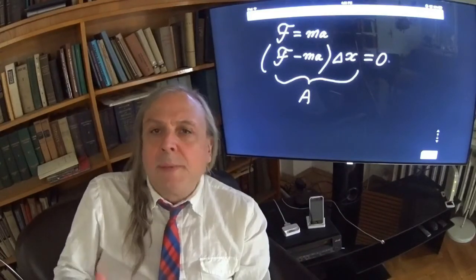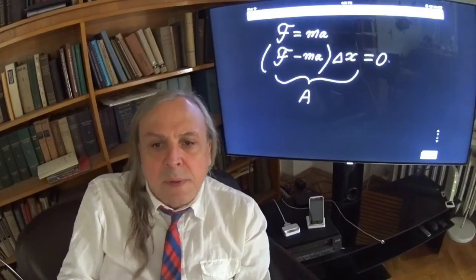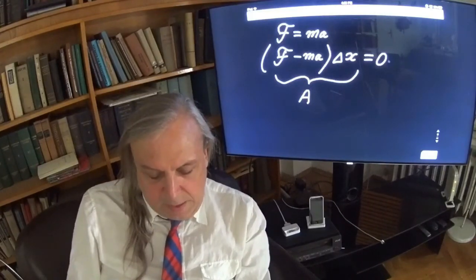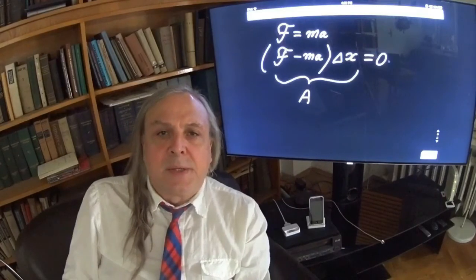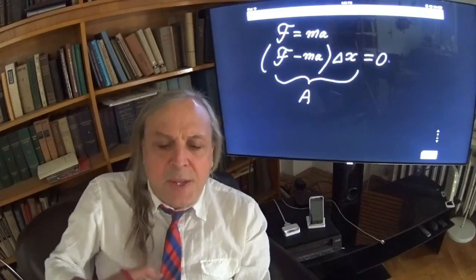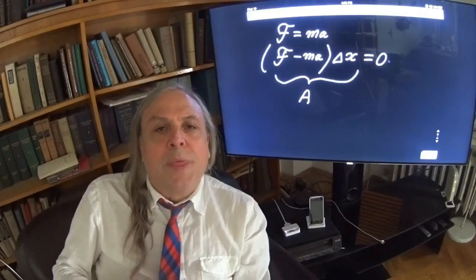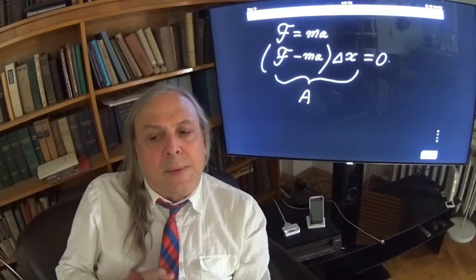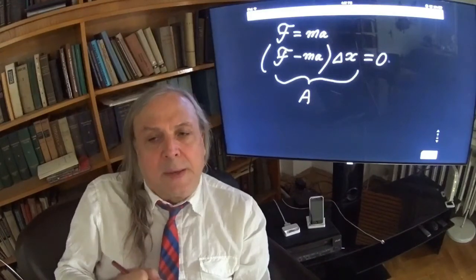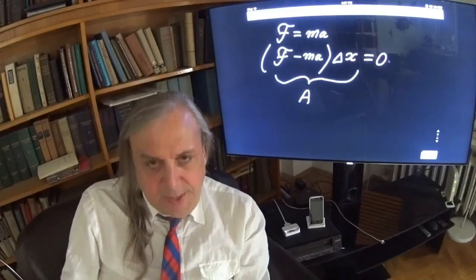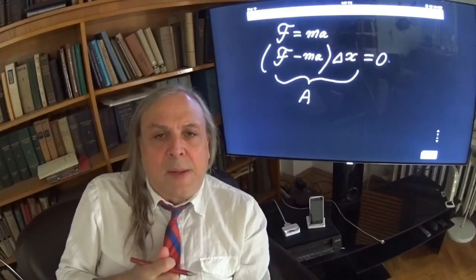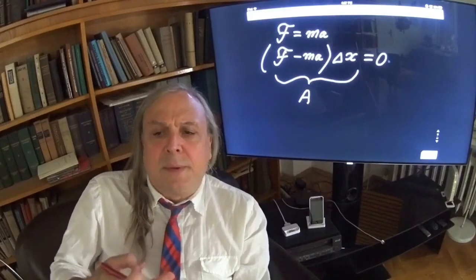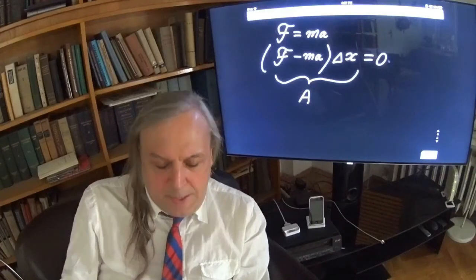Now the amendment comes about easily once we remember that the non-zero displacement delta x is inherently connected with the change of velocity, this delta v. So delta x and delta v are like Siamese twins. They are inseparable.